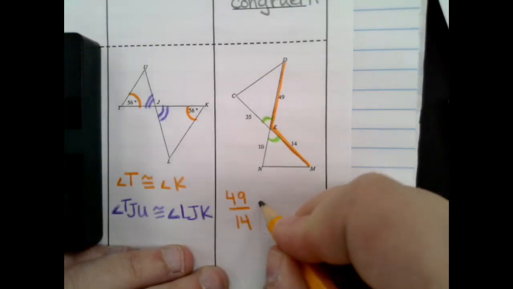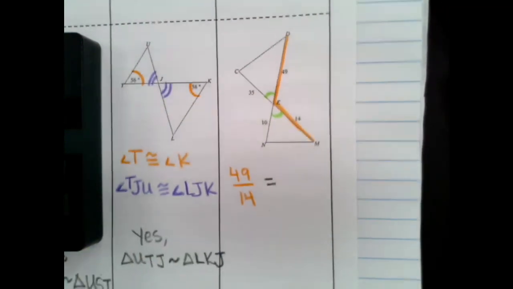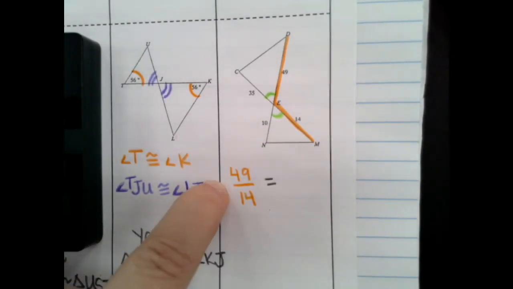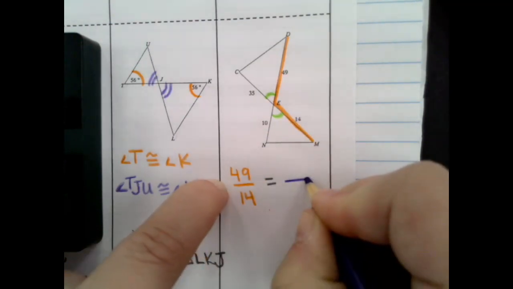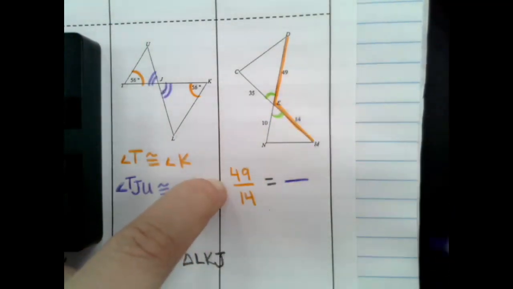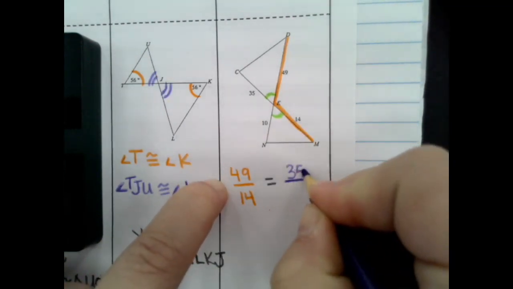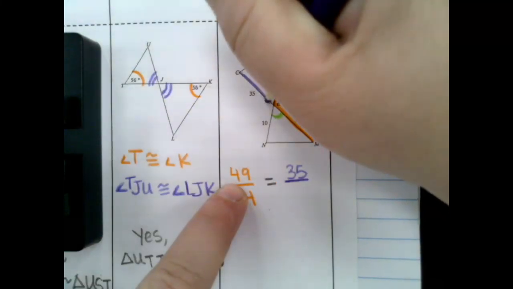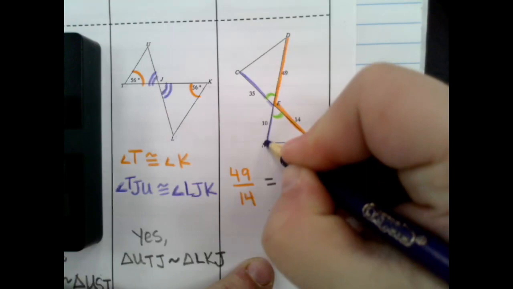And I want to just double check that it works with one other side, with that included side. Since I started with 49 on top, which side do I want to start with on top here, the 35 or the 10? Good, the 35, because the 49 and the 35 come from the same shape. So 35 will go with 10.